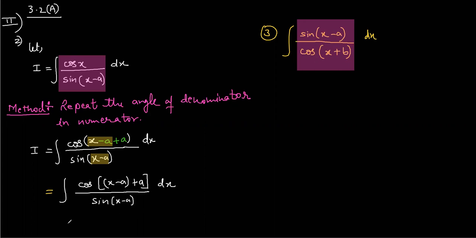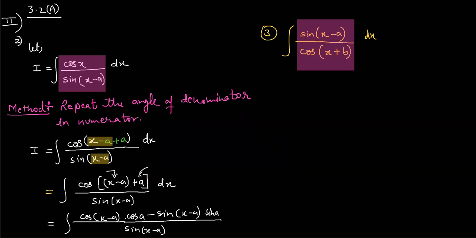You all know, students, what cos of a plus b is: cos a cos b minus sin a sin b. Here my a is x minus a, and this a is my b. So cos of x minus a into cos a, minus sin of x minus a into sin a, and then the denominator.